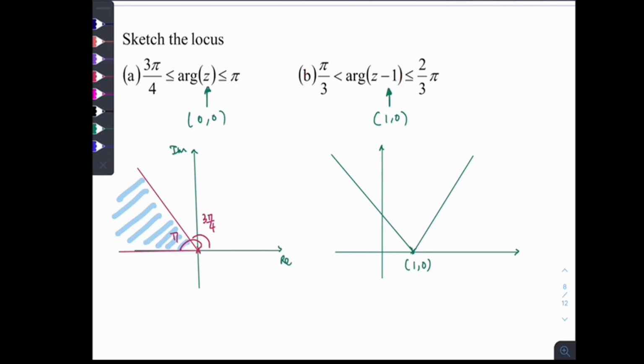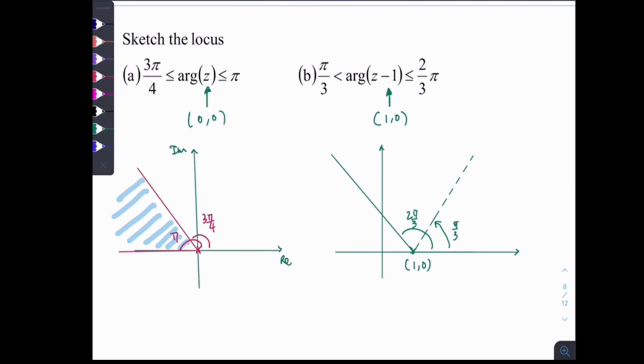But take note, for this one there's no equal sign, and for this one there's an equal sign. That means for 2 pi over 3 here, the 2 pi over 3 line should be a solid line. A solid line here, 2 pi over 3. As for the pi over 3 here, it should be a dotted line.